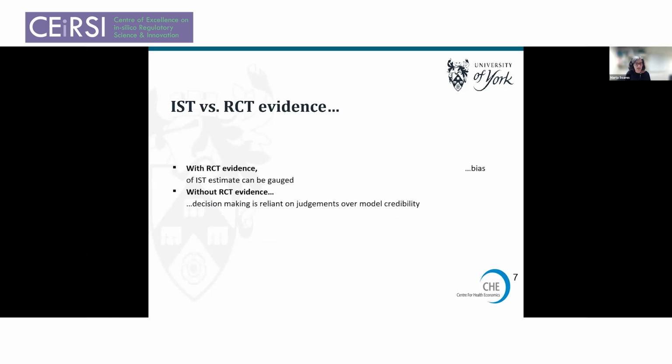The implications, sorry, there's been a bit of misformatting in the slide, are that with RCT evidence we can gauge the bias of the IST estimate, but without RCT evidence we should really be considering model credibility when we think about using ISTs to support decision-making.